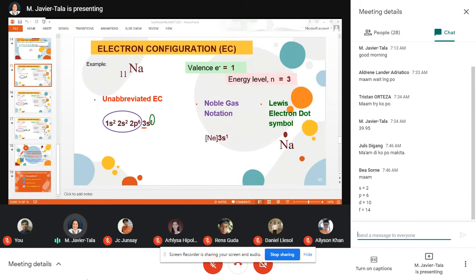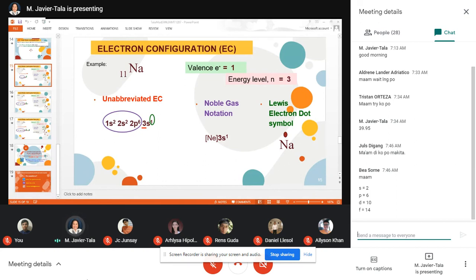Okay. So for the first example, this is sodium that has an atomic number of 11. We no longer write the mass number because again, electrons should be equal with your atomic number and your protons. That's why we just write the atomic number. The first one, you are being asked to write the unabbreviated electronic configuration.